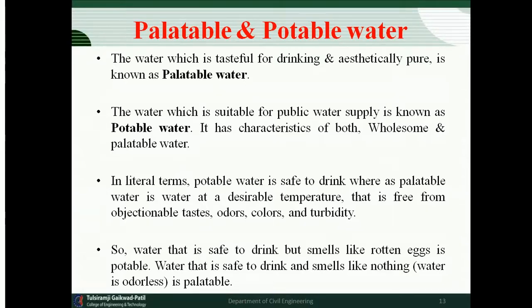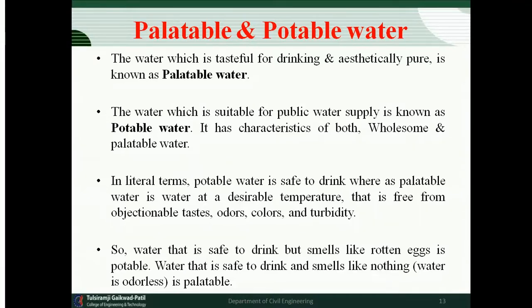The water which is suitable for public water supply is known as potable water. It has characteristics of both wholesome as well as palatable water. In literal terms, potable water is safe to drink, whereas palatable water is water at a desirable temperature that is free from objectionable tastes, odors, colors and turbidity.